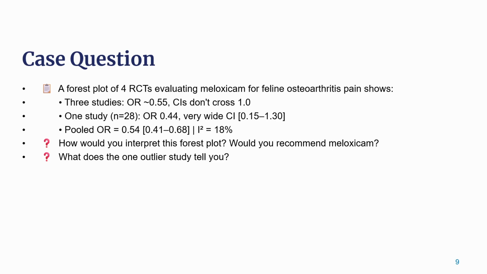The small outlier study doesn't undermine the conclusion, it just contributes less to the pooled estimate. Would you recommend it, with appropriate dosing, renal monitoring, and informed consent? Yes, this evidence supports use. The key lesson is this: don't let one underpowered study shake your confidence in a consistent pooled result.